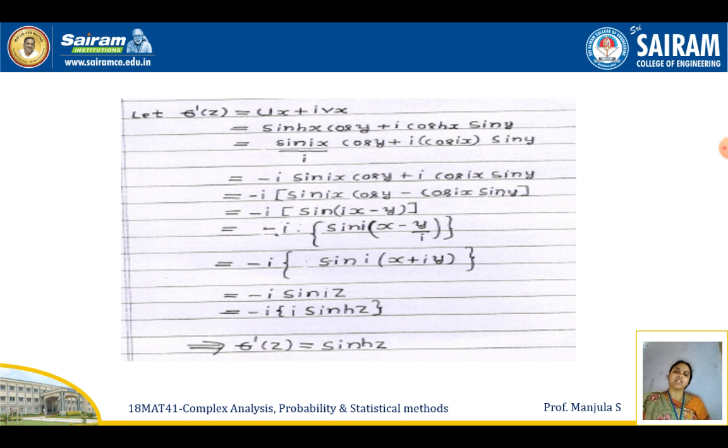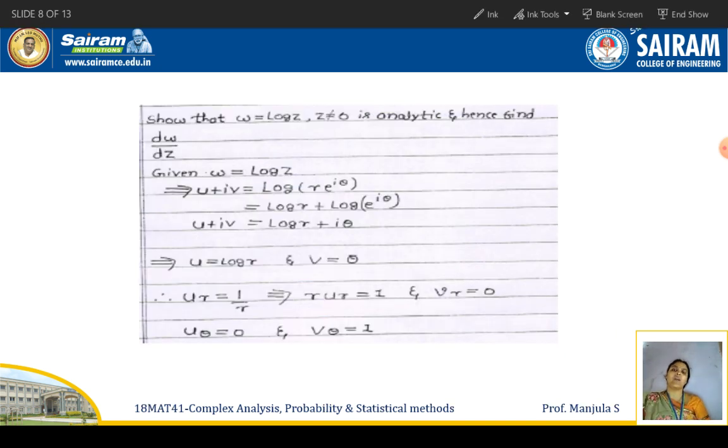Convert this in terms of hyperbolic function: minus i into i sinh of z. So i into i squared is minus 1, and with the one more negative outside, that becomes positive. So f dash of z becomes sinh of z. This is our required result.